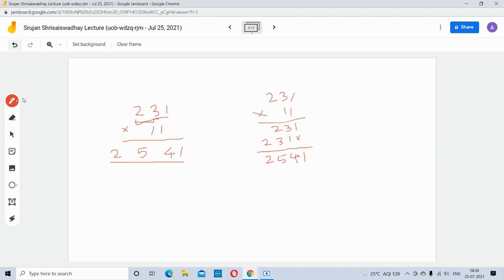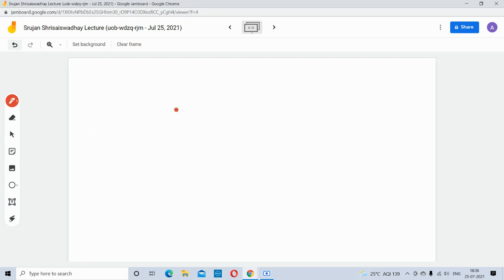So just try to see. We'll multiply this number with triple one only. Now what will be your answer? We'll do it by the traditional method, 231. So you leave the first place, the unit place, then you add 231.